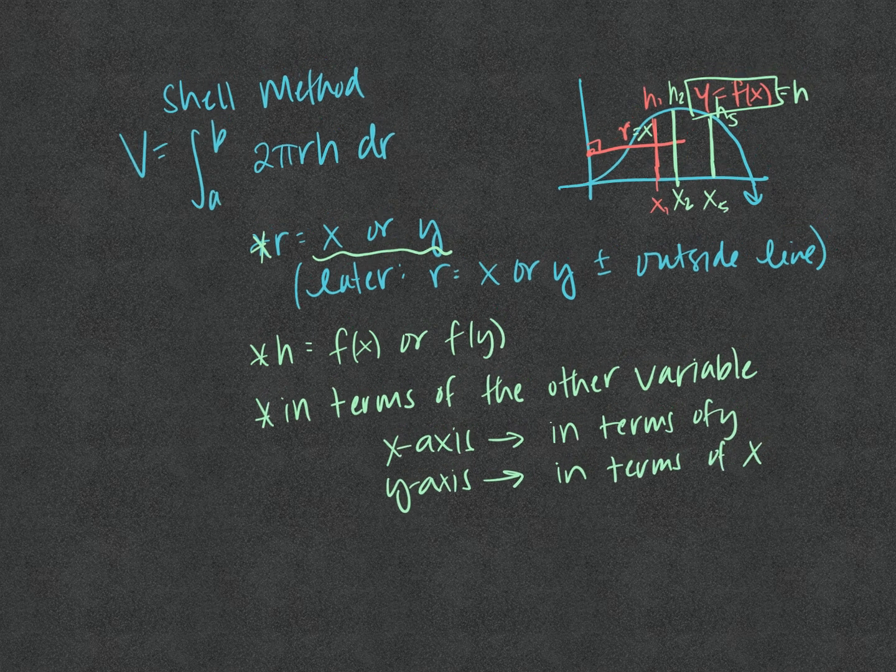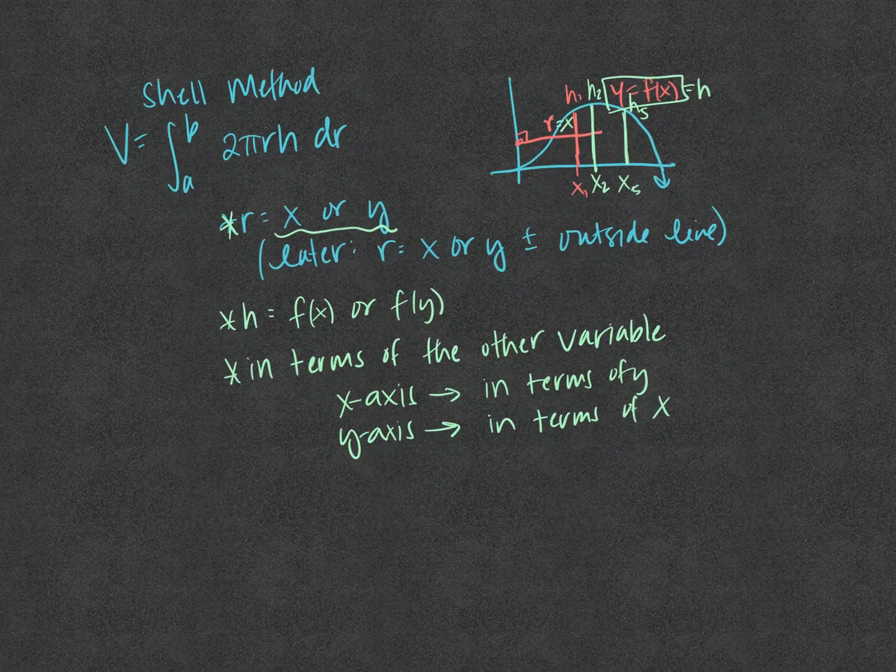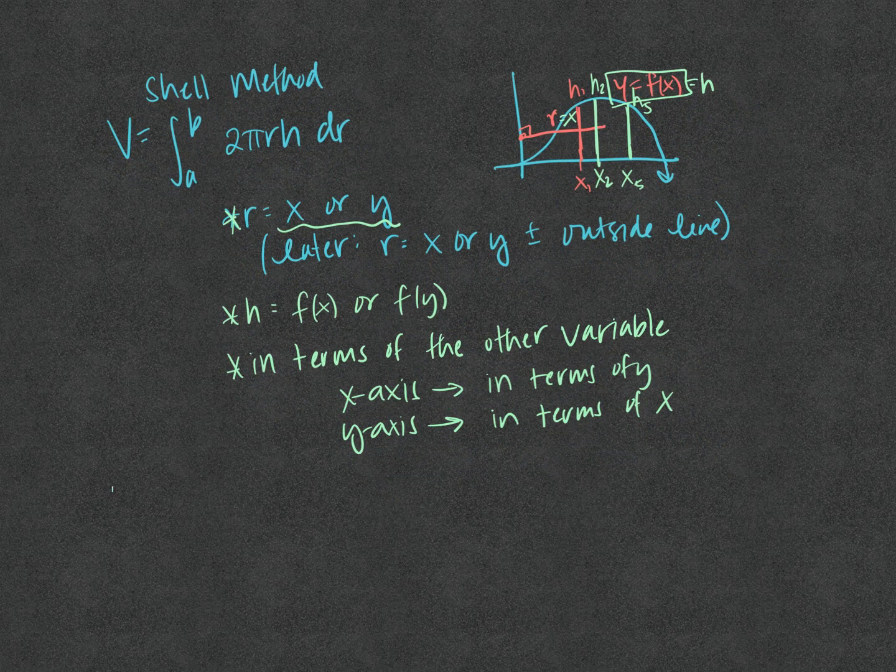So what this means is if we're going around the x-axis, then we're going to be in terms of y. So we're going to say the integral from a to b, 2 pi, our radius is y, and then we have a function in terms of y with respect to y.